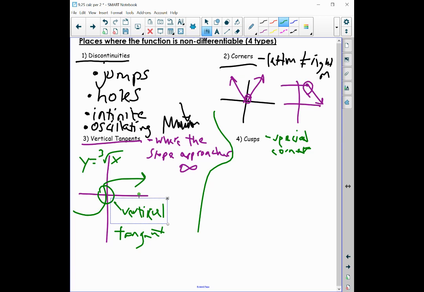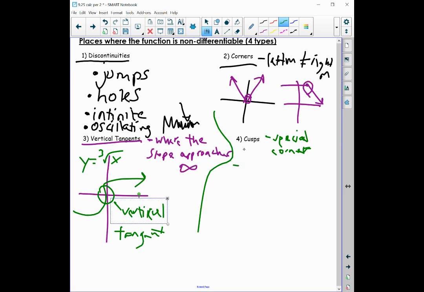So what do I mean by that? Well, the definition of a corner is that the left slope and the right slope aren't the same. So we know that much. The definition of vertical tangent is where the slope approaches infinity. So the definition of a cusp is where the slopes aren't the same and at least one of the slopes is approaching infinity.